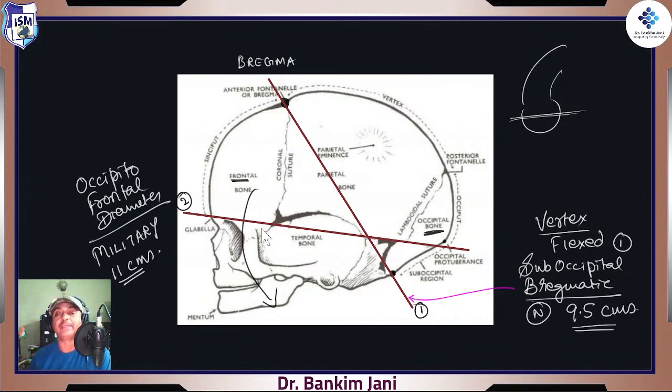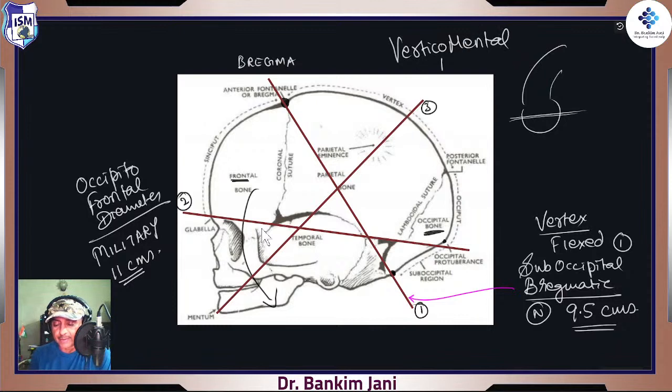Now, things are not ending at it. Sometimes the head is completely like this. That's where it is the third presentation, the vertico-mental. This place on the mandible, this center one, is called the mentum. From here all the way to the vertex, over here, is the third one, called the vertico-mental diameter.